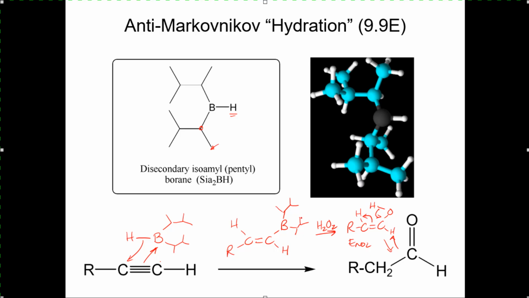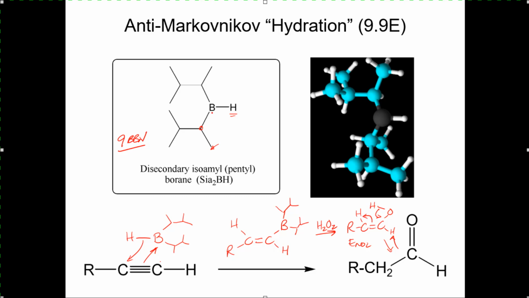And so if you want to do anti-Markovnikov addition and form an aldehyde, this is a reagent that you can use. There are others listed in Top Hat. I believe 9BBN is another one of those reagents. Basically, they just put the boron in the middle of a bicyclic ring.